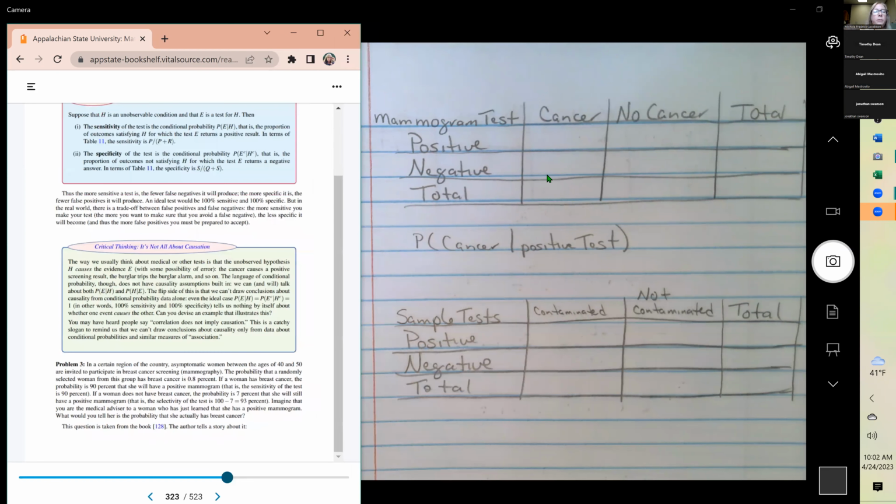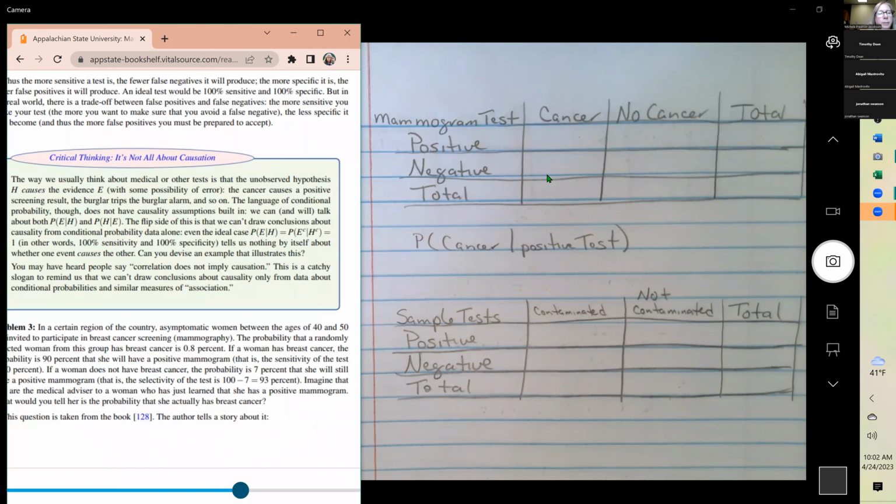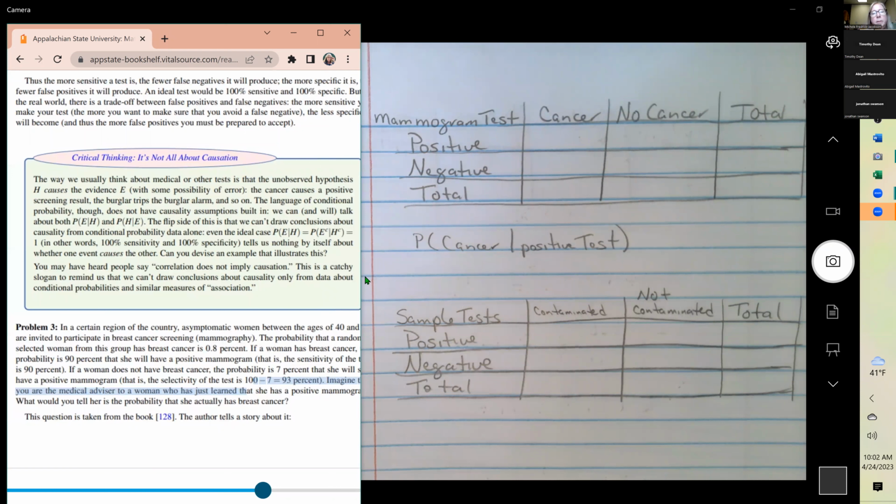So if we look at this one, this is problem number 3.